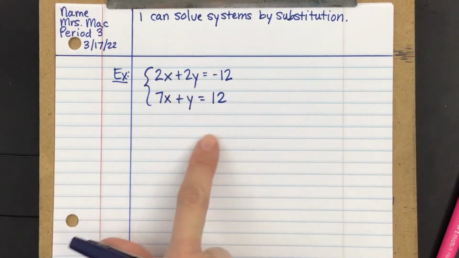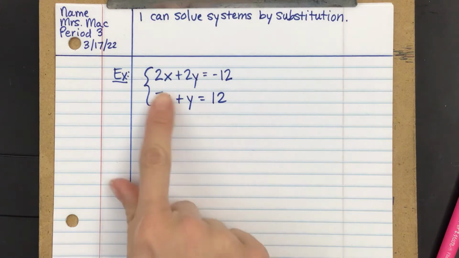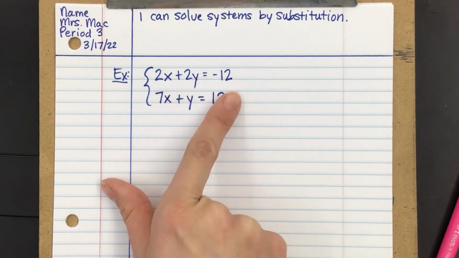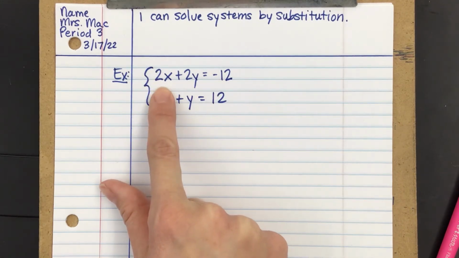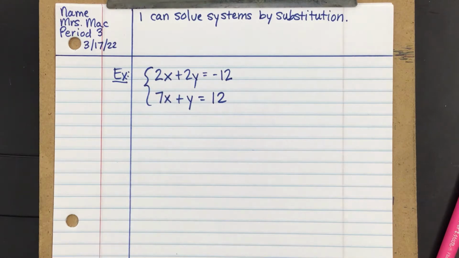I would pick a variable that is easy to solve for, and I would solve for that variable. For instance, I wouldn't choose this one because I will have to subtract 2y, and then I'll have to divide both sides by 2. So that's 2 extra steps that might not be necessary.